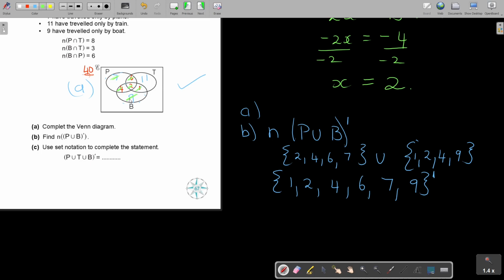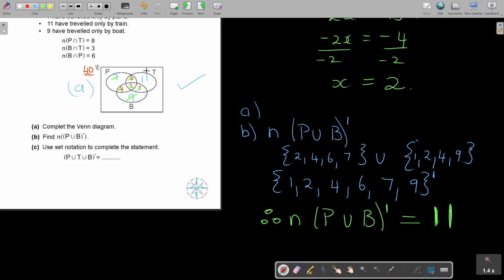So if I look, then what will be left? So therefore, N, P union B's complement, the one that's left will be 11. Did you see? So it's complement. So write it down and then scratch that, and the one that's left was 11.